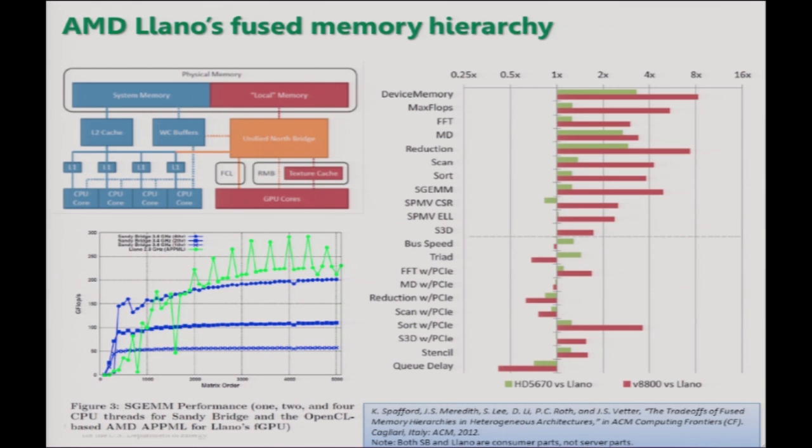So even the memory systems are combined. Now, it doesn't necessarily mean you can load and store to those memory locations from either device, but it makes it much, much faster and much lower latency to transfer that data.